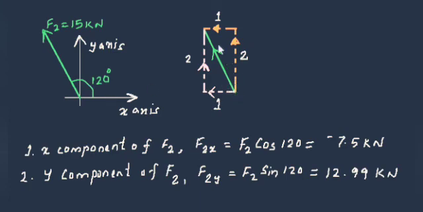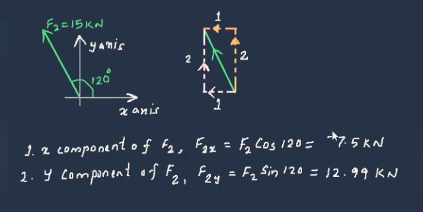Again, that's been shown as a parallelogram. Here it's a square or a rectangle. You can either create a lower triangle or an upper triangle. So just find the cos of the angle, that is 120, multiply that with the force, and you will get the horizontal component or the x component, that is F2 cos 120, that is minus 7.5 kilonewton.